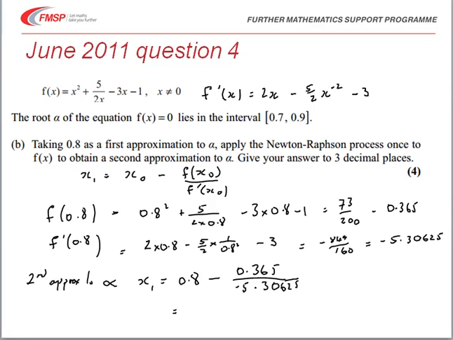This turns out to be 0.86878 etc., or giving it to 3 decimal places as we're asked to, 0.869 to 3 decimal places.